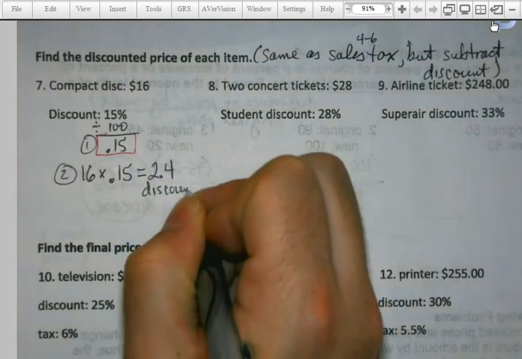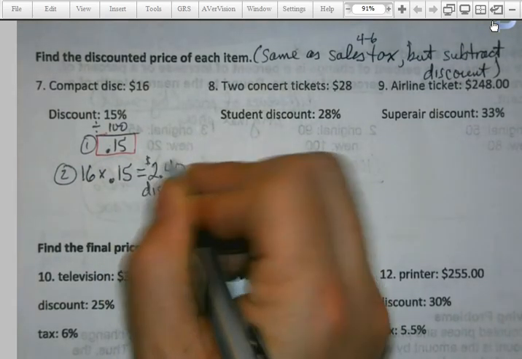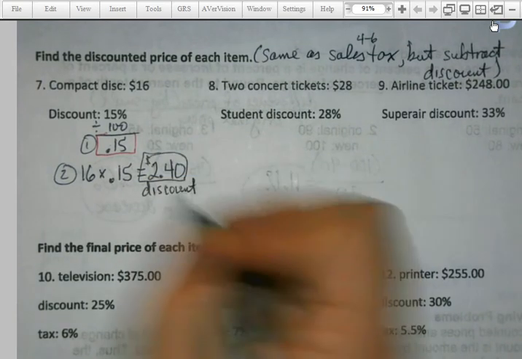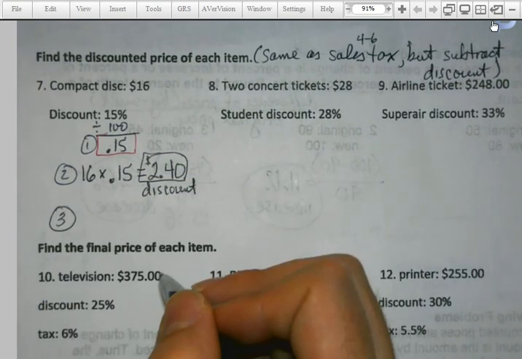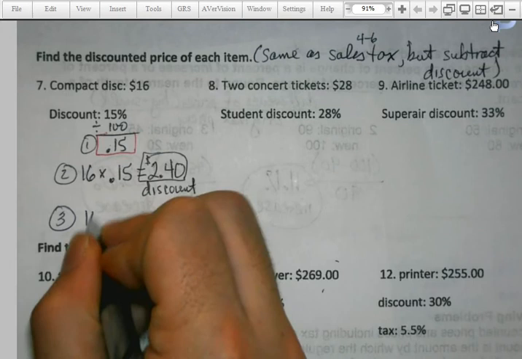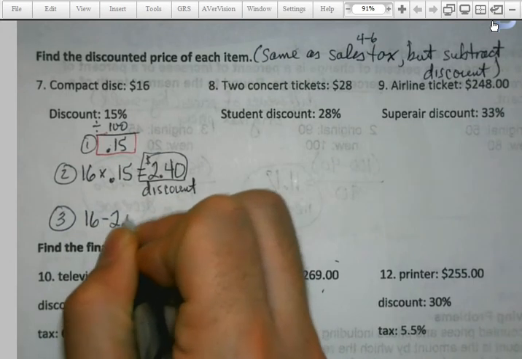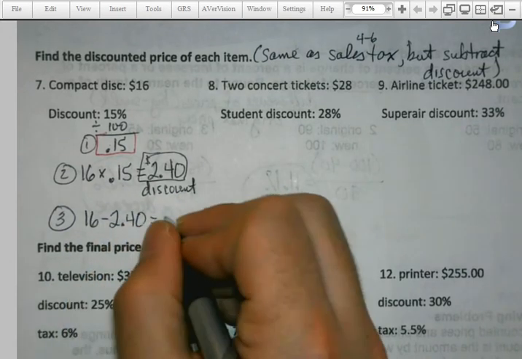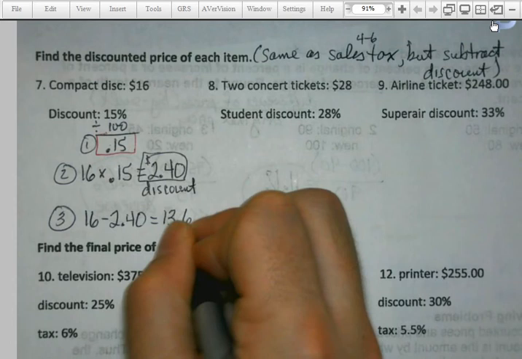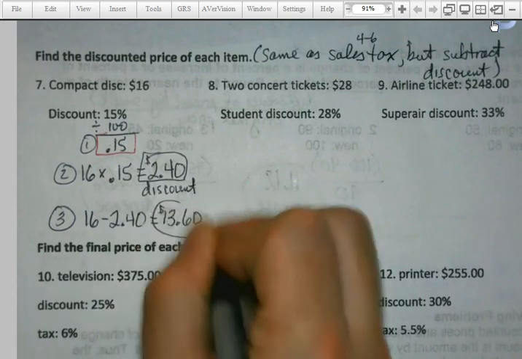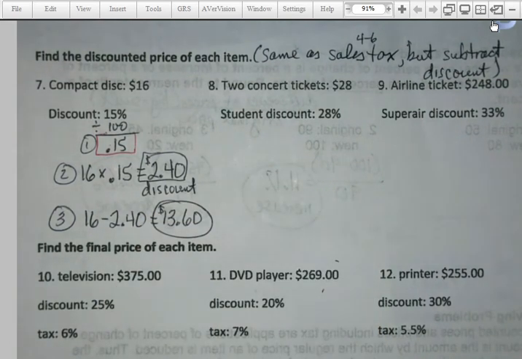That's my discount, $2.40. And then finally, take the price of the item minus the discount. And that'll let me know how much that's going to cost once I take my discount out.